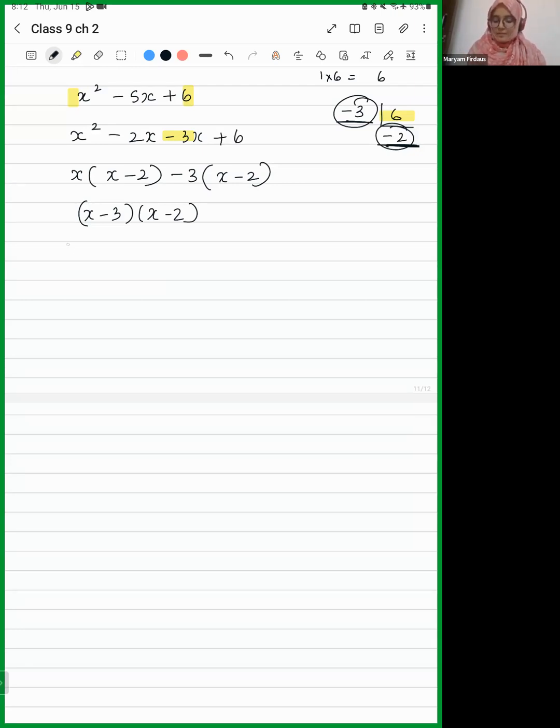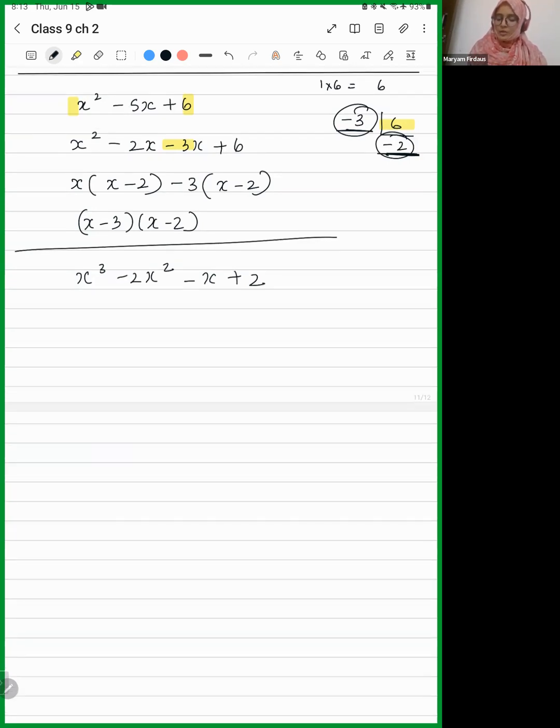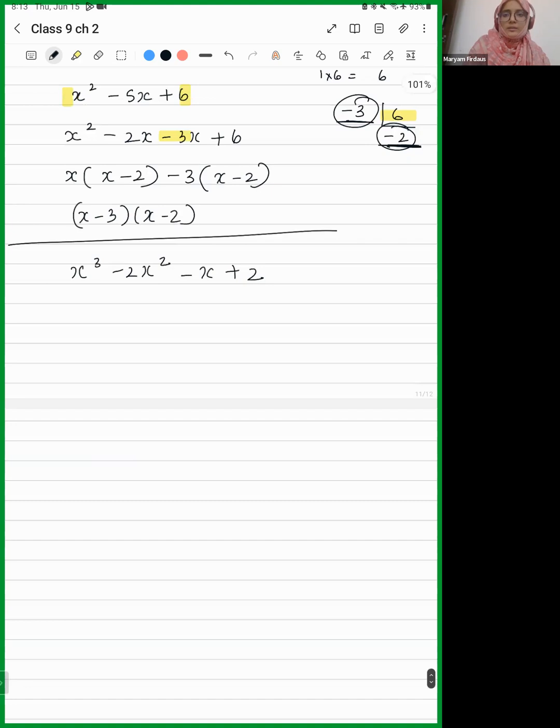You have x cube, let's say... let's just take something simple. x cube minus 2x squared minus x plus 2. How will you factorize it if you just want to use the splitting the middle term method? There is no middle term over here.